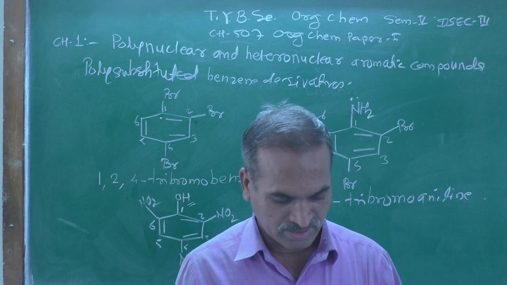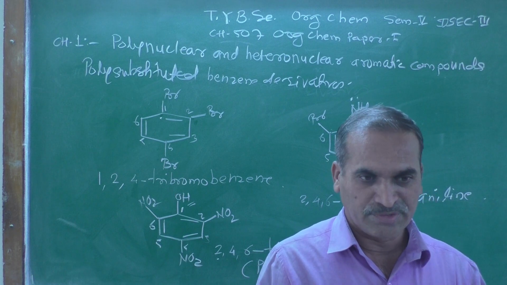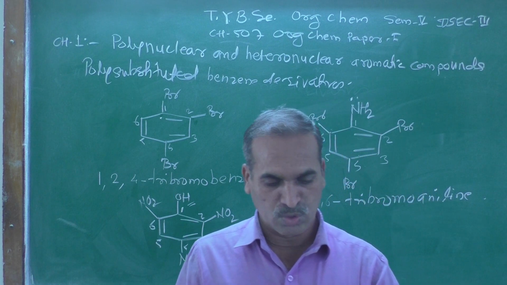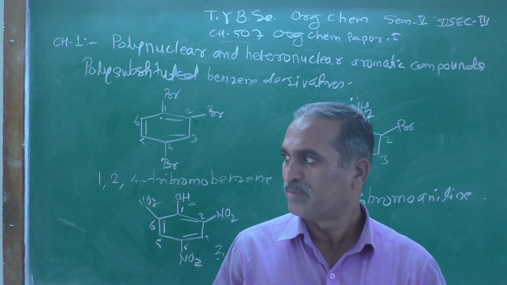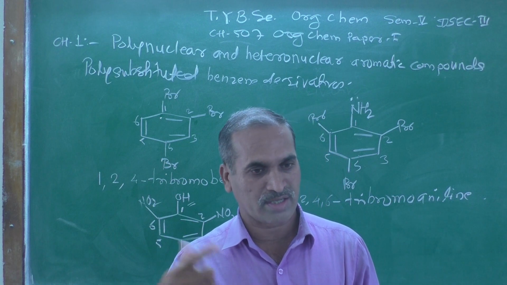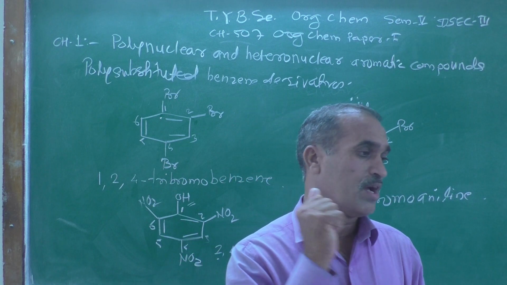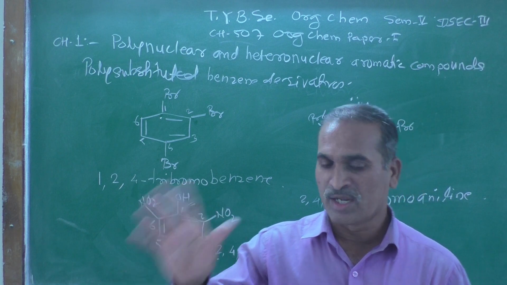We know that phenol generally is acidic in nature, while aliphatic alcohols, even though both have a hydroxyl group, are neutral. In one case the phenolic OH is acidic, whereas alcohols are neutral in nature.